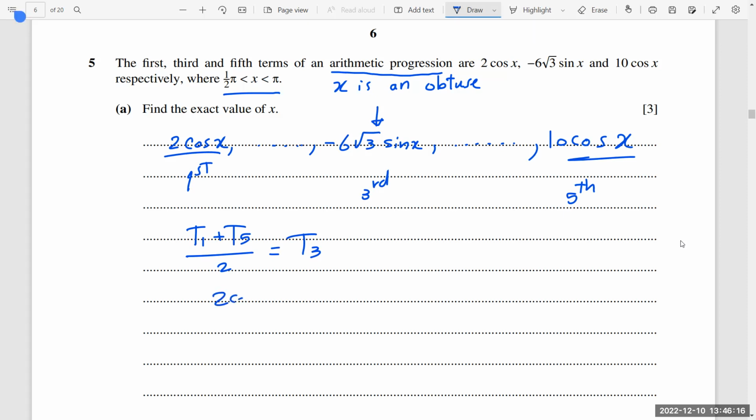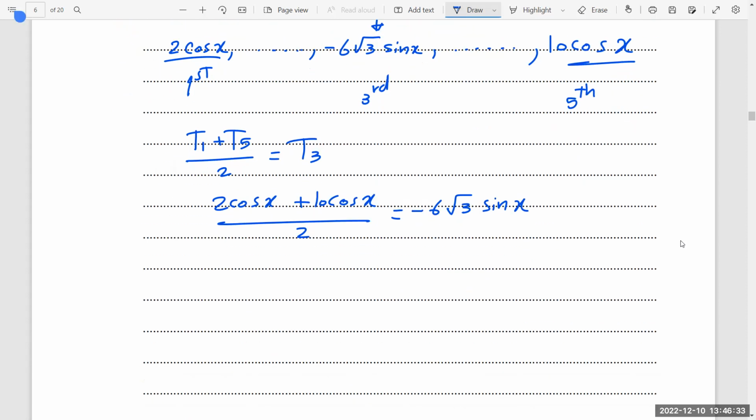So I have 2 cosine x plus 10 cosine x, over 2, equals exactly negative 6 radical 3 sine x. 2 plus 10 is 12, over 2, 6. 6 cosine x equals negative 6 radical 3 sine x.